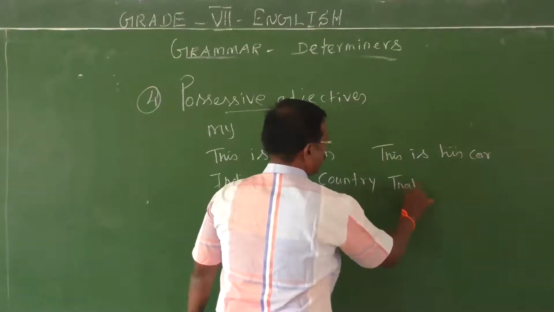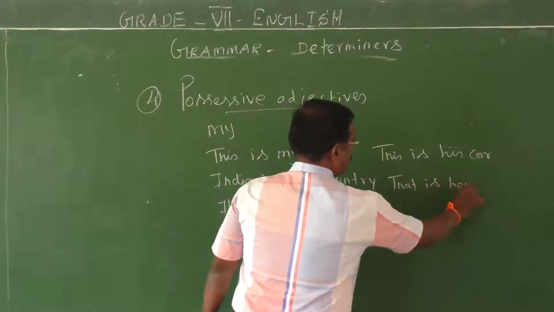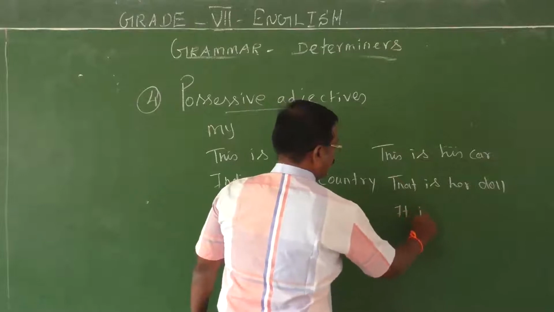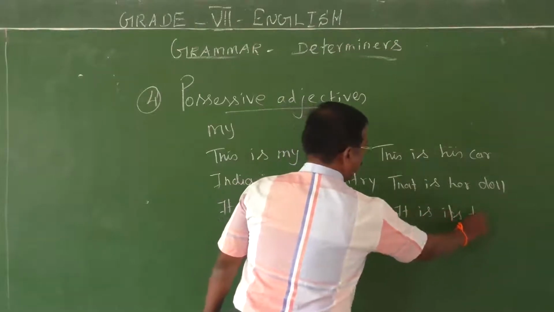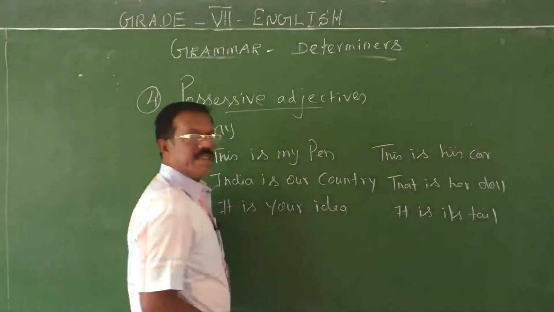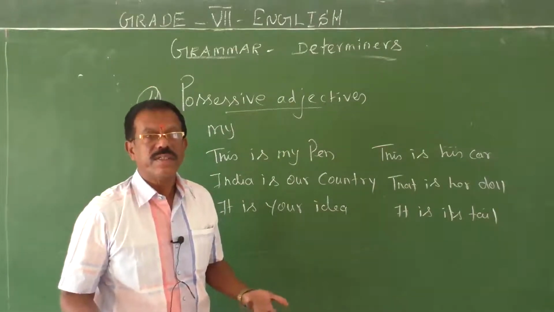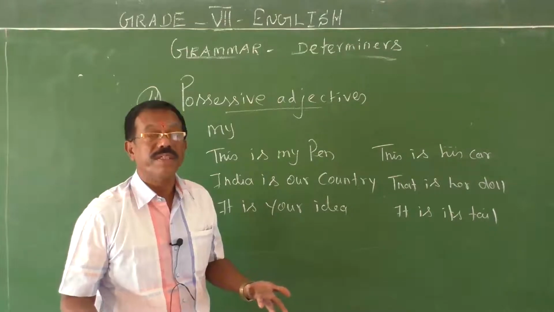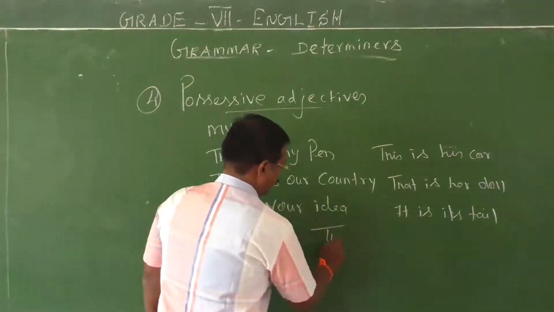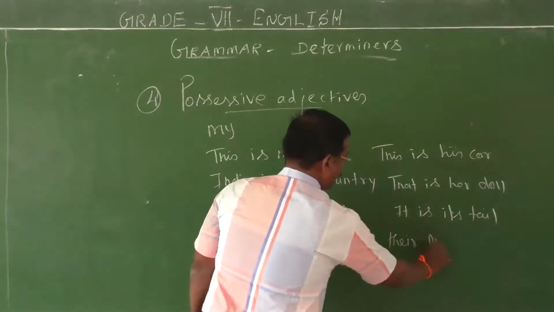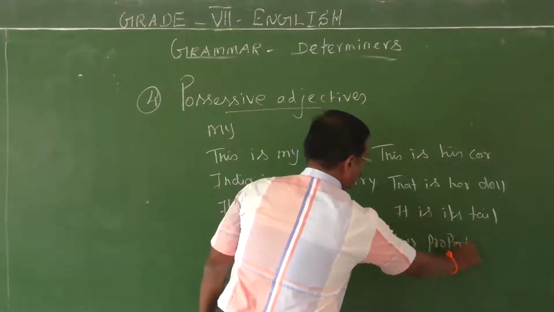That is her doll. It is its tail. This is their school. This is their property or asset.